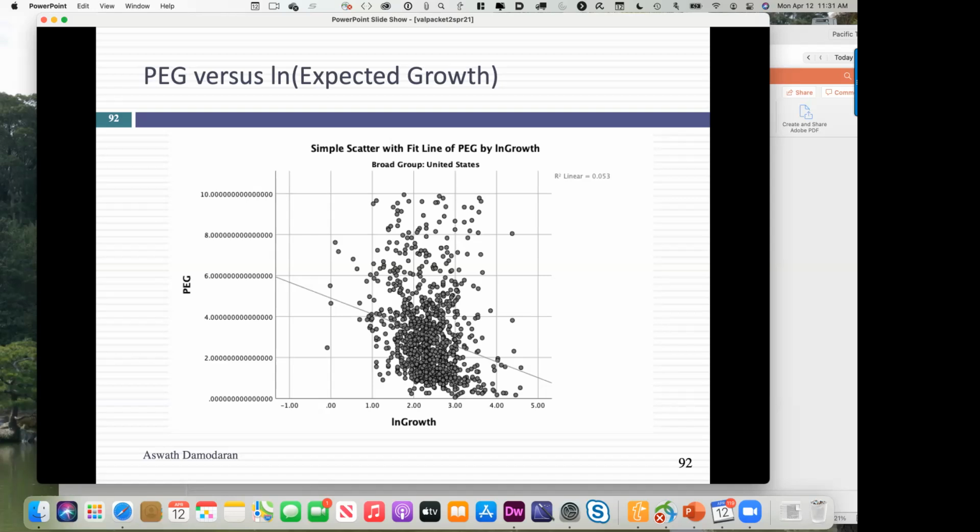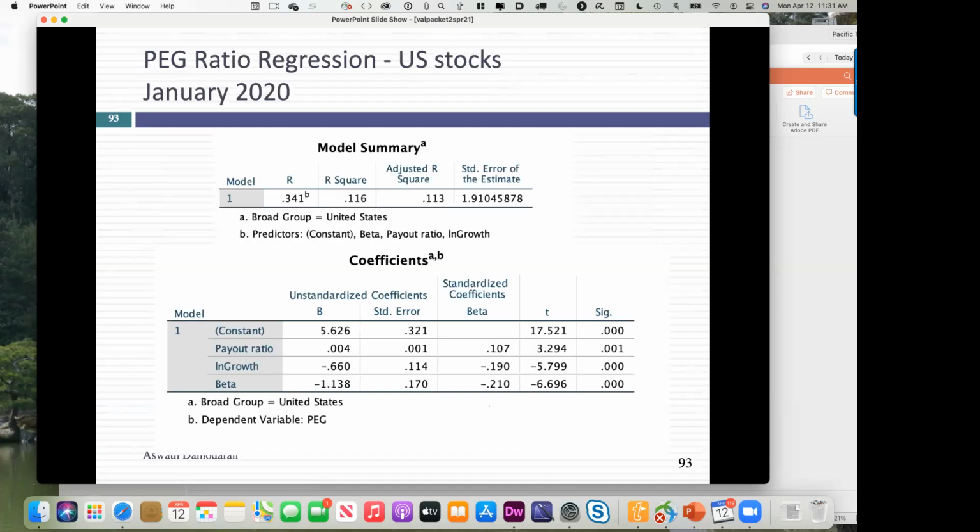So what are you going to do with it? When I ran my PEG ratio regression, instead of using growth as my variable, I used the log of the growth rate. That's the only difference. Once you've established that something is a nonlinear relationship, just take the natural log of that variable. It's amazing how well it works in removing nonlinearities, at least in financial regressions.